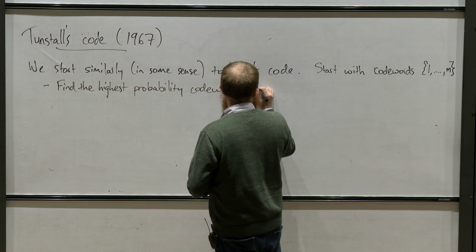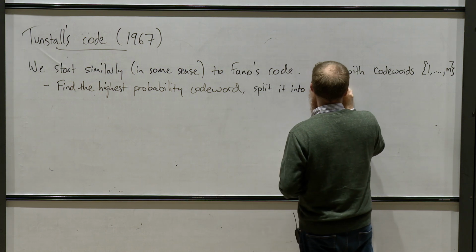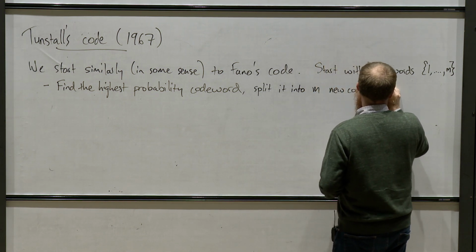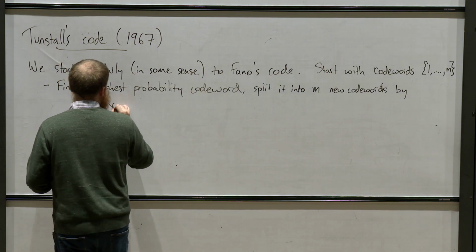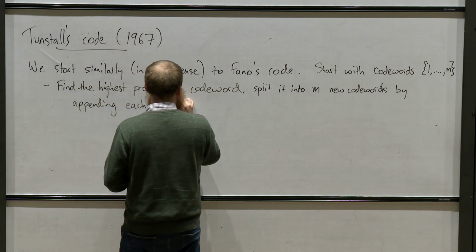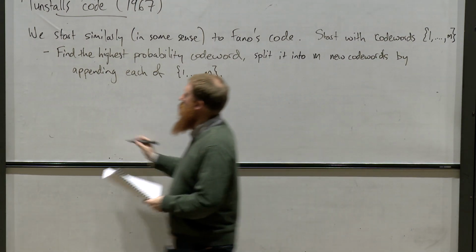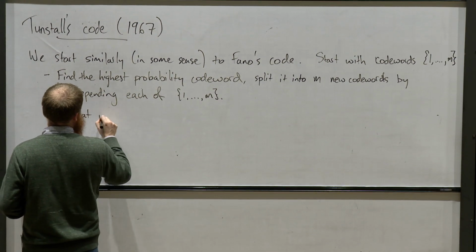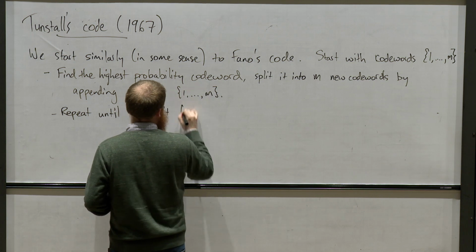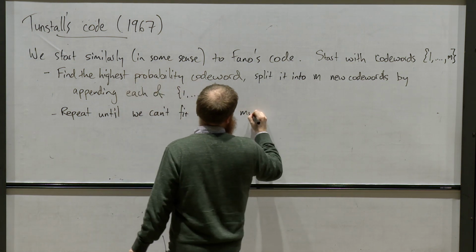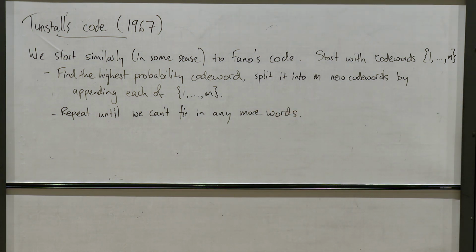Okay, split it into M new code words by appending each of 1 through to M. Repeat until we can't fit in any more words. So really boring construction. Let's do an example.